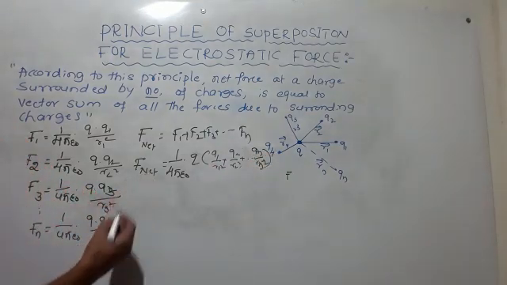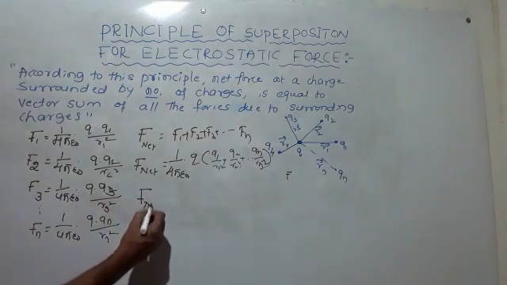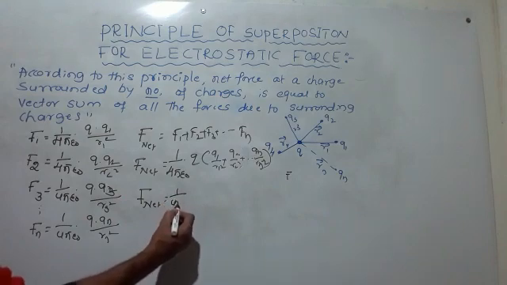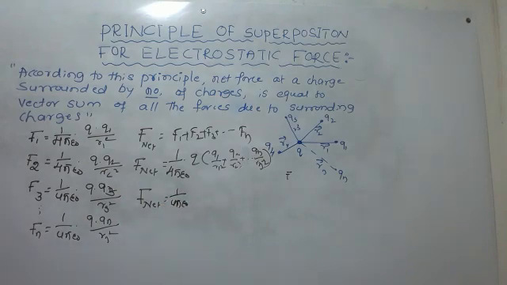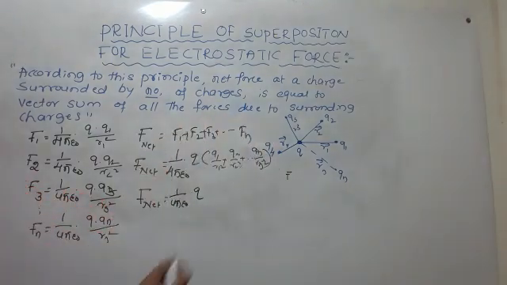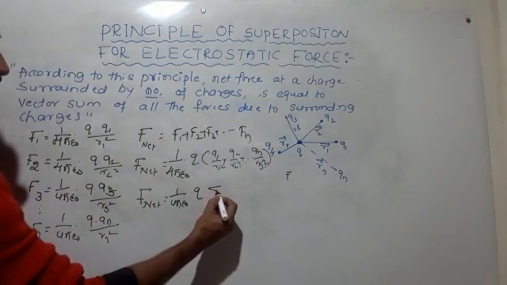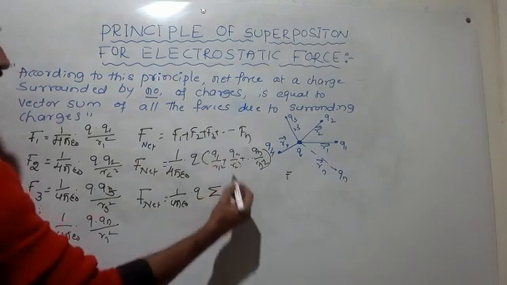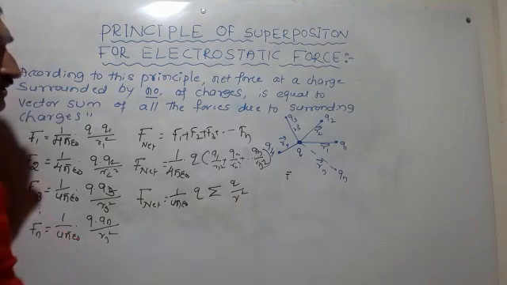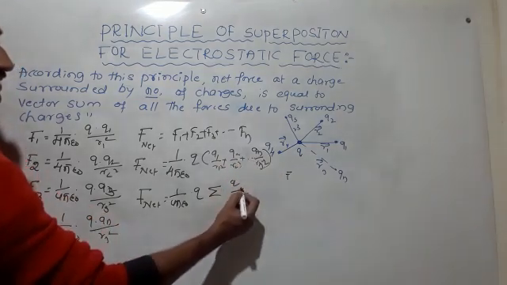Or, simplifying further, F net is equal to 1 divided by 4 pi epsilon naught into Q. Now put this under a summation sign, that is summation of Qi divided by Ri square. Let us take the variable 1, 2, 3 as i.